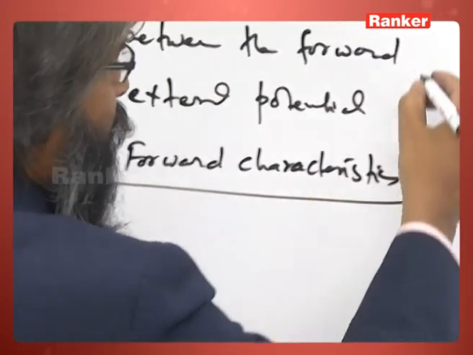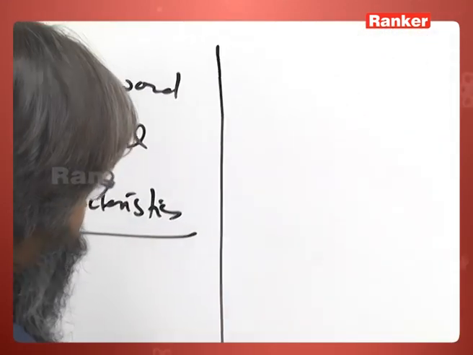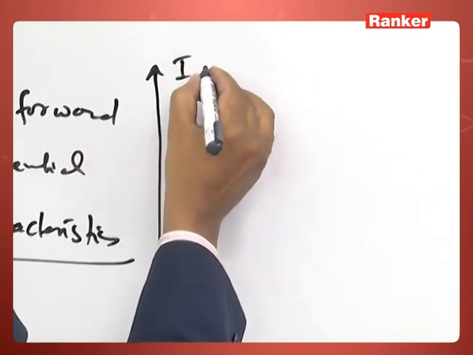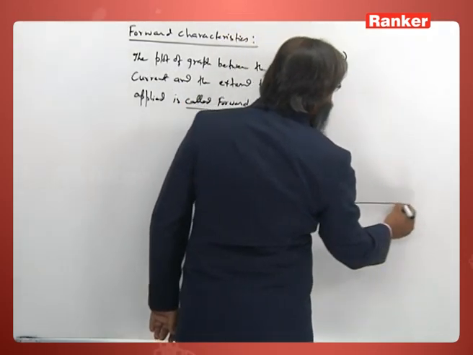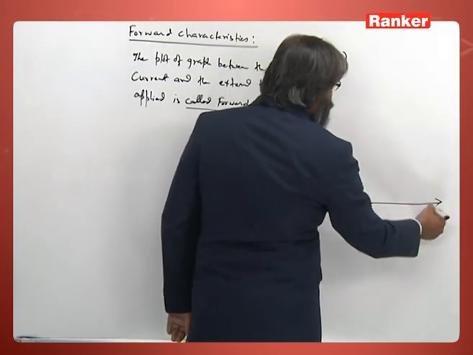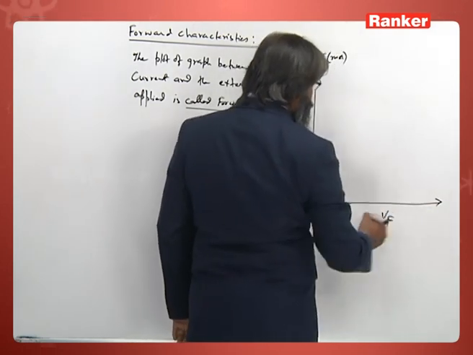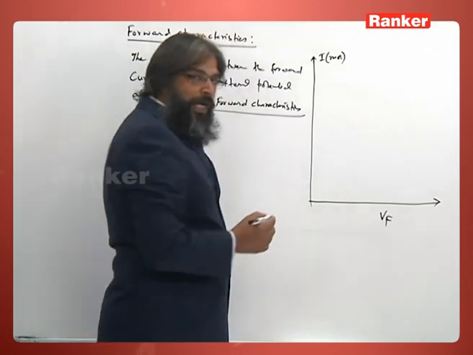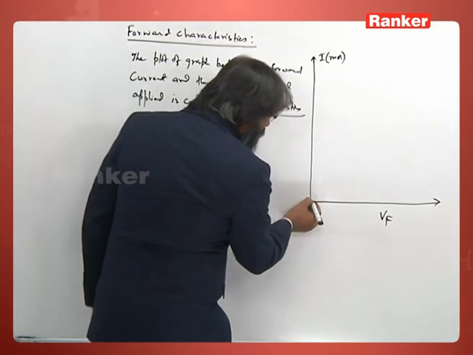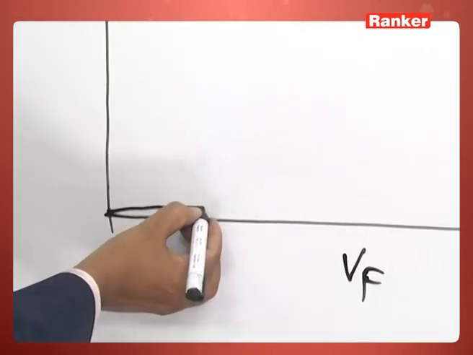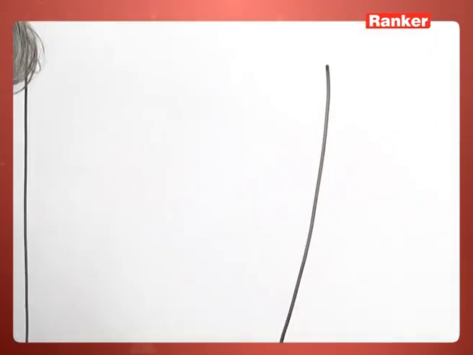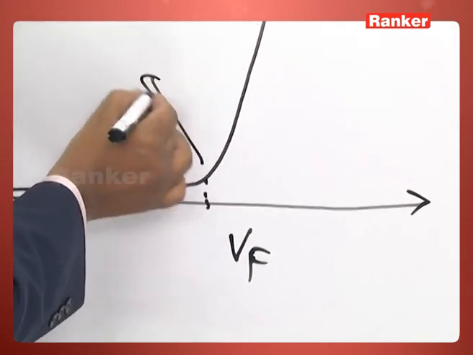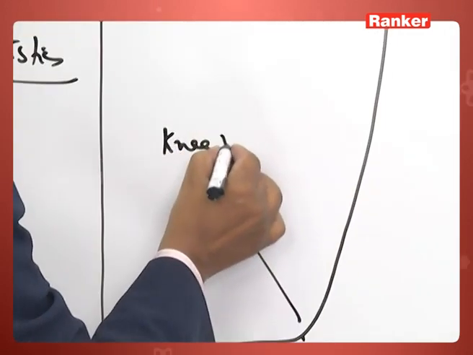Now here we plot a curve. Here this is current in milliamperes and this is forward voltage. So what we observe: initially there is no increment in current, and once the voltage reaches this point, this is called the knee voltage.